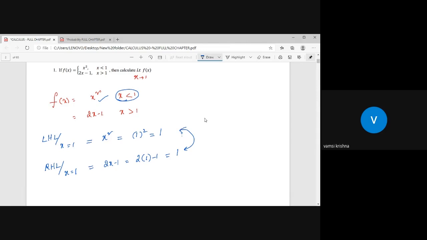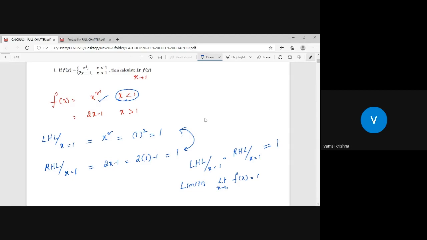So I want to write something here. The left hand limit at x equals 1 is equal to the right hand limit at x equals 1. Both are equal, and moreover the function value is equal to 1. So I can say that the limit exists, with limit x tends to 1 f of x equals 1.